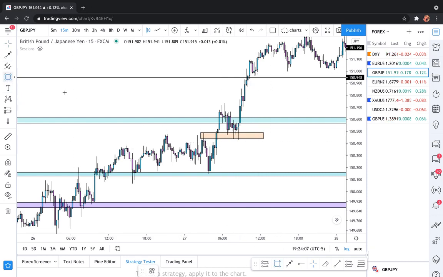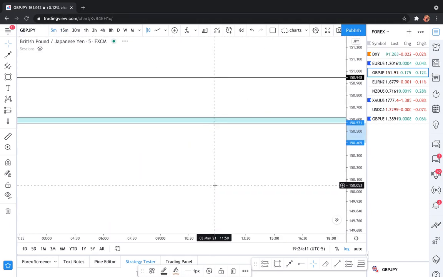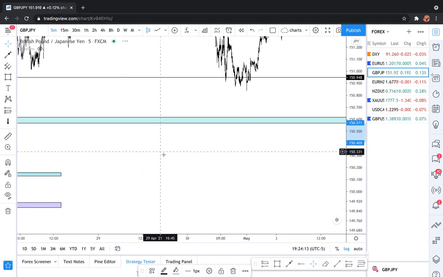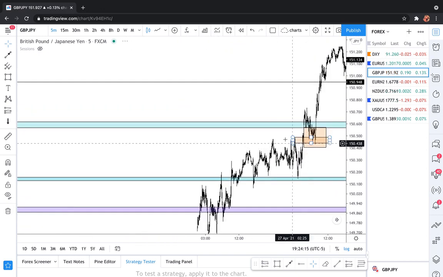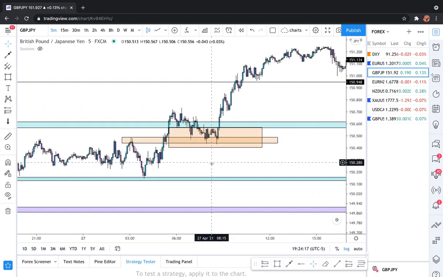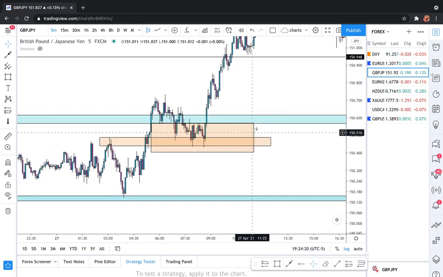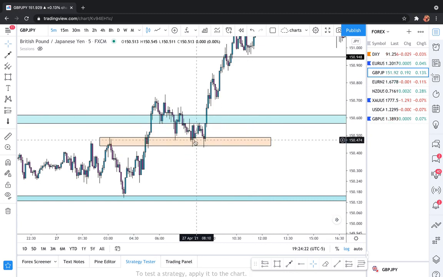Then even looking at this on the 5-minute time frame, it shows you a W pattern. It has 1 test, 2 tests.